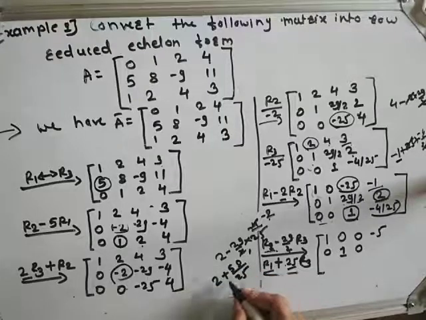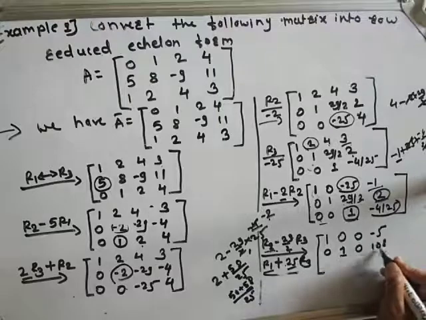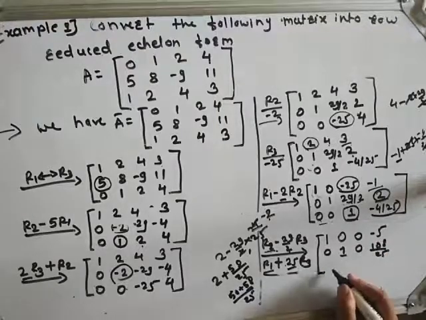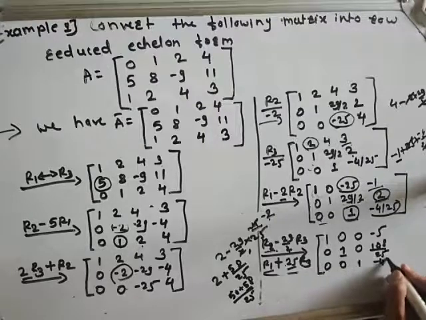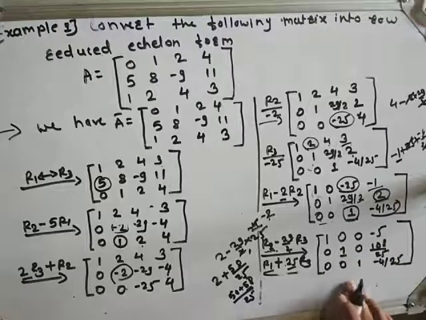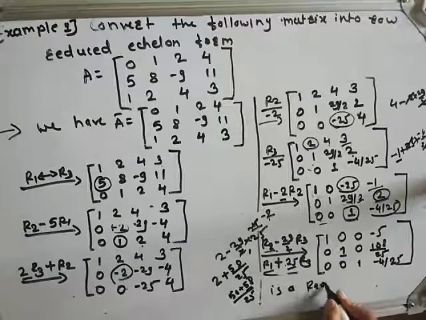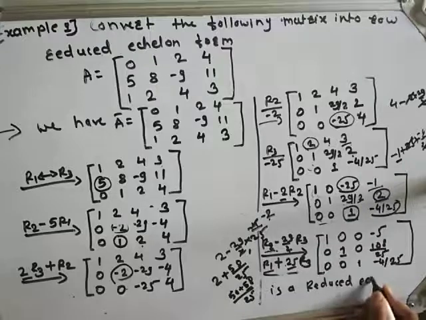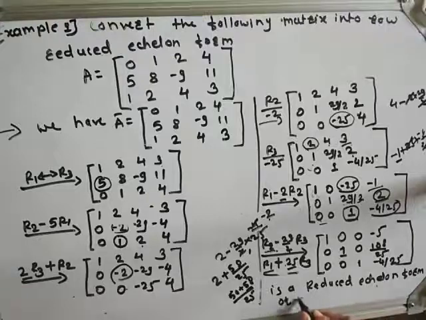After simplifying, 25 into 2 is 50, plus 58 upon 25, which is nothing but 108 upon 25. And the third row is 0, 0, 1, minus 4 upon 25. See here, this is the reduced row echelon form of matrix A.